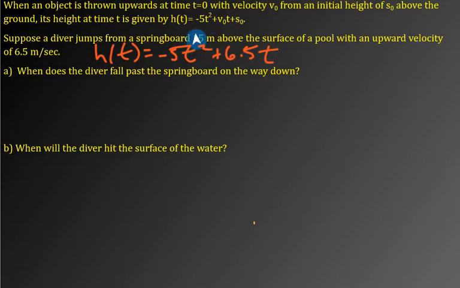And then the initial height is this last thing, and it says the diver jumps from a springboard 15 meters above the surface of a pool. So that's my initial height, 15. That's basically then the quadratic that I'm working with. And I can draw a picture here. So we've got water down here, and the diving board is up here.